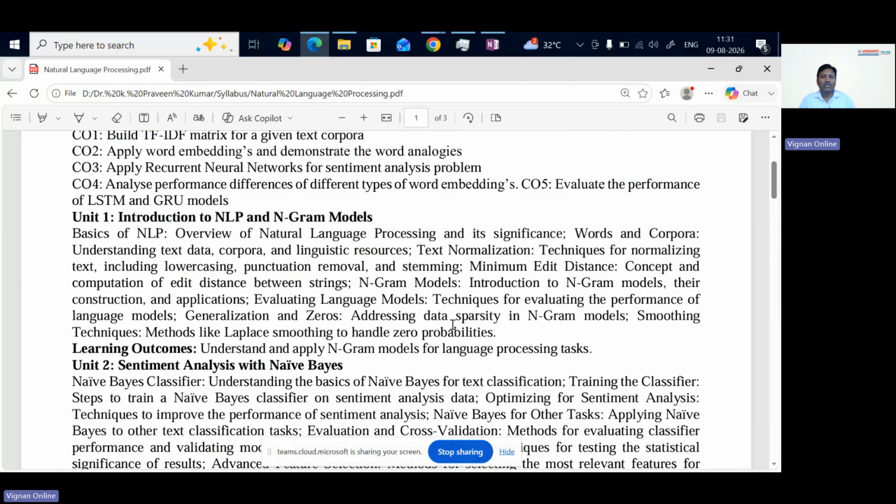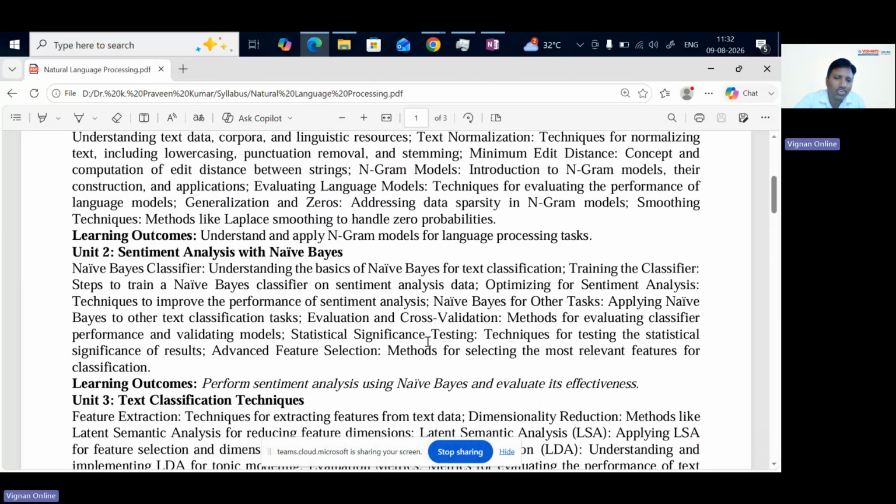These are all the old techniques. Now things have changed, but they still exist. So we have discussed n-gram models, and the meaning of a language model also we have seen there, which is predicting the next word depending on the probability.